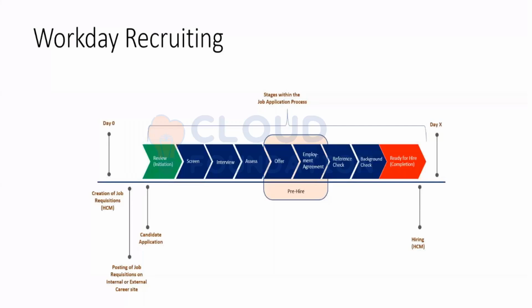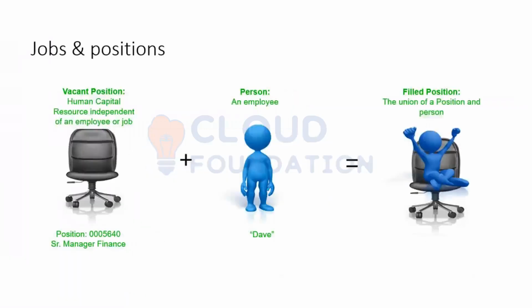So it's a wonderful tool. As you can see, a lot of activities can be done on a single platform. Basically, recruiting is the creation of a vacant position, and a person who will be a future part of the organization will come and fill that particular position. So what is the difference between jobs and position?